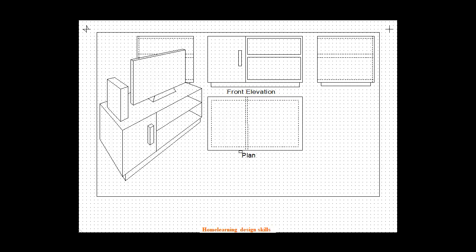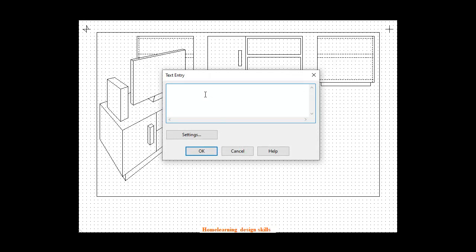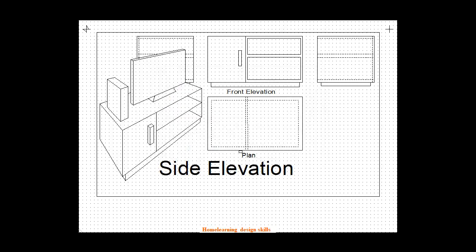So we've got the next part, so that's going to be the side elevation. Side elevation. And then of course you could start to write features in on how it's being joined, etc. Side elevation, front elevation, maybe make that a bit smaller.